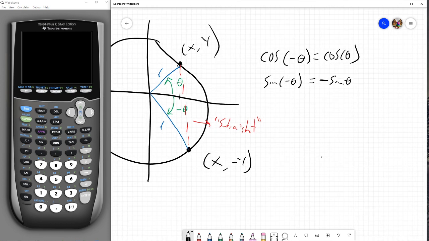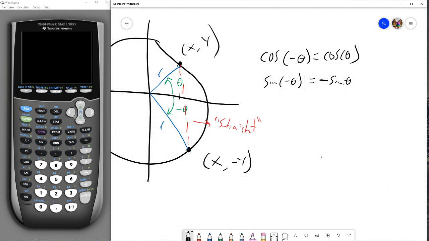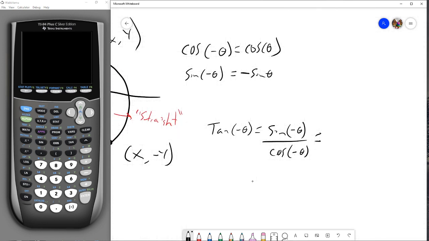And once we know sine and cosine, we can refer again to our reciprocal identities to figure out what happens with tangent, cotangent, secant, cosecant. So we'll do our work down here. So tangent of negative theta is the same thing as sine of negative theta over cosine of negative theta, which is the same thing as negative sine theta over cosine theta.